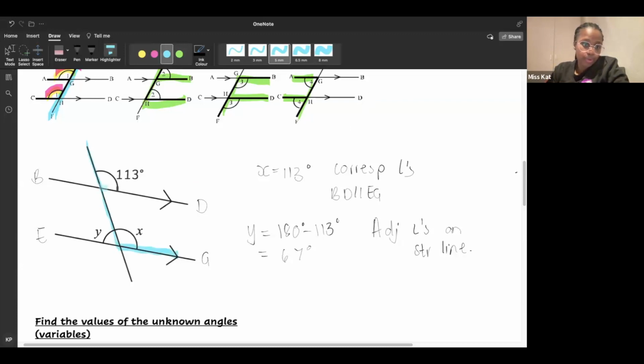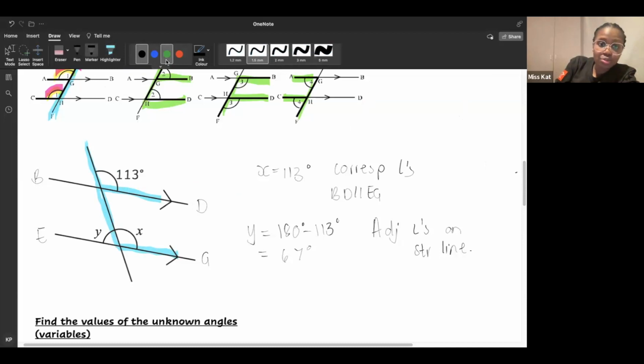Do you see it? I see it as the F, but upside down.